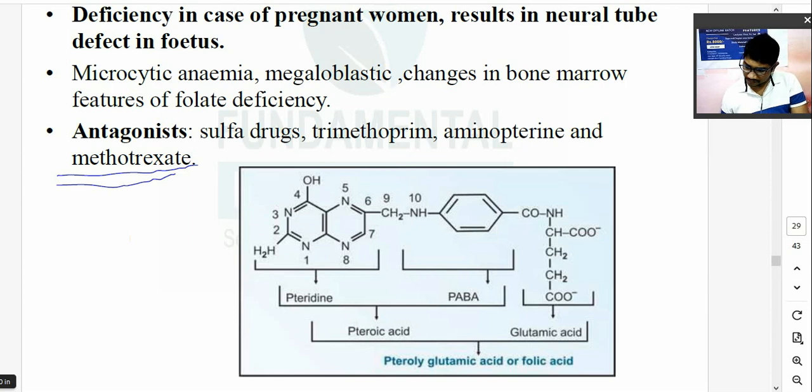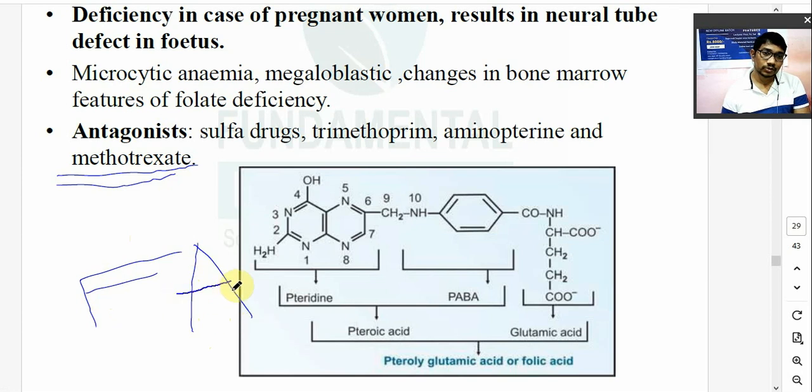Now in this case the antidote is nothing but folinic acid. Folinic acid is the active form of folic acid; tetrahydrofolic acid is known as folinic acid.